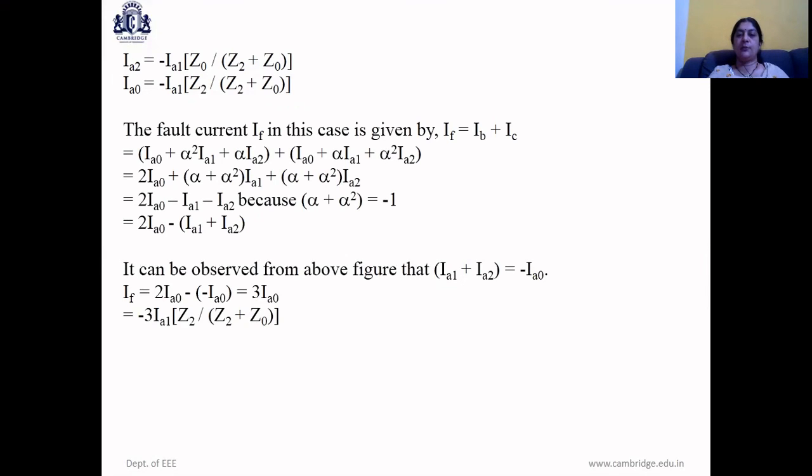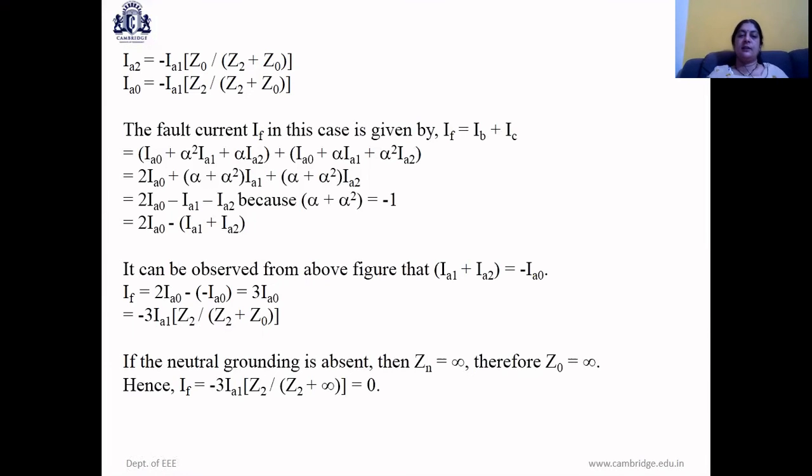But it can be observed from the diagram that IA1 plus IA2 is nothing but equal to minus IA0. Substituting, we get IF equal to 3 times IA0. And IA0 is given in the expression here: IA0 is equal to minus IA1 Z2 by Z2 plus Z0. So substituting, the fault current is equal to minus 3 IA1 Z2 by Z2 plus Z0.